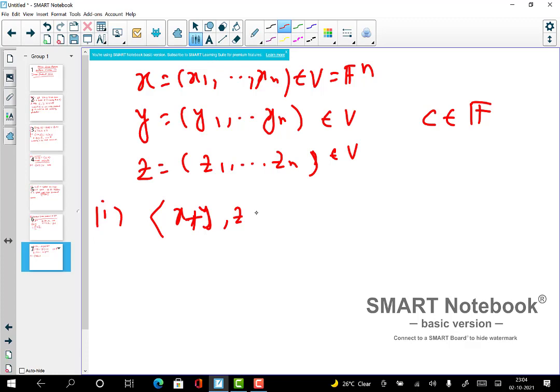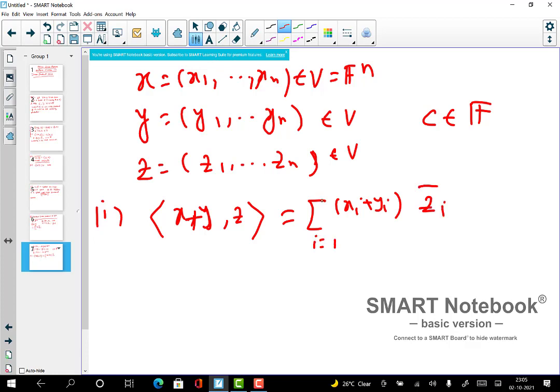Now let me prove that the way we define the standard inner product actually defines an inner product. The vector x plus y has components x1 plus y1, x2 plus y2, ..., xn plus yn, since addition in Fn is component wise. Hence by definition this is the sum over i from 1 to n of (xi plus yi) zi bar.